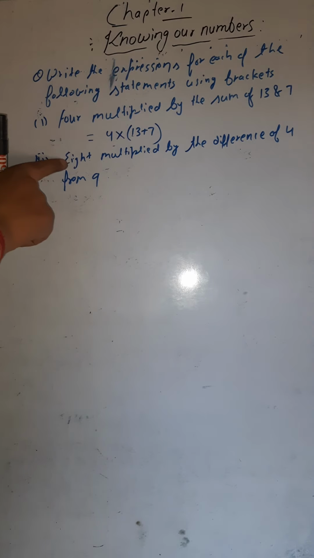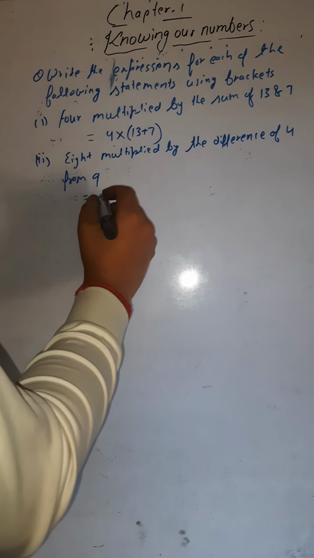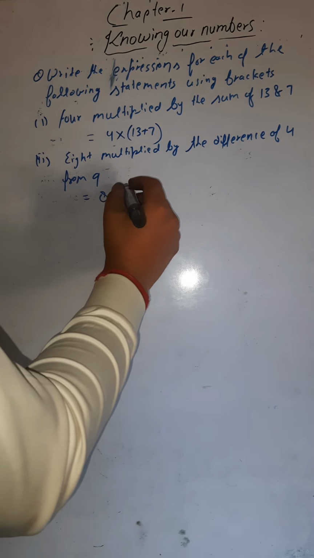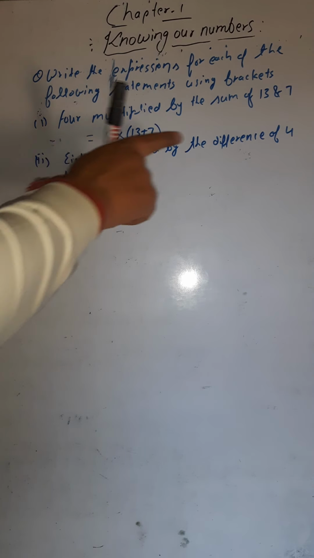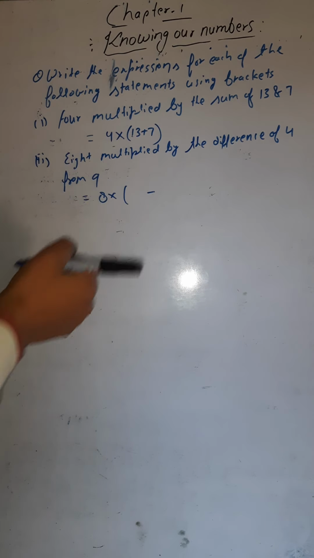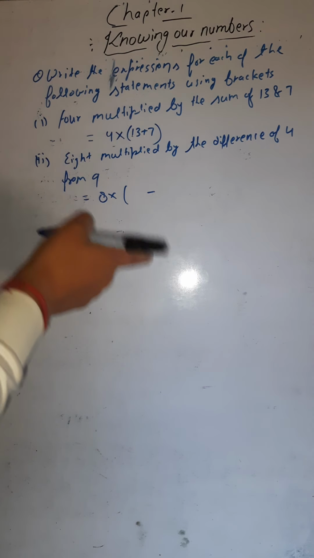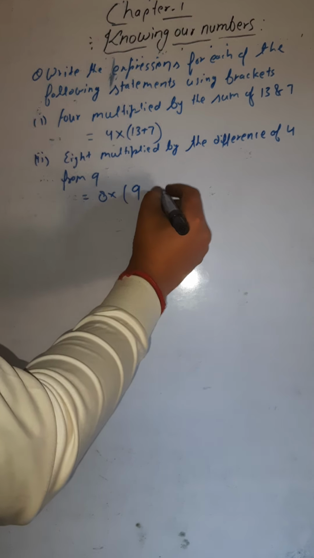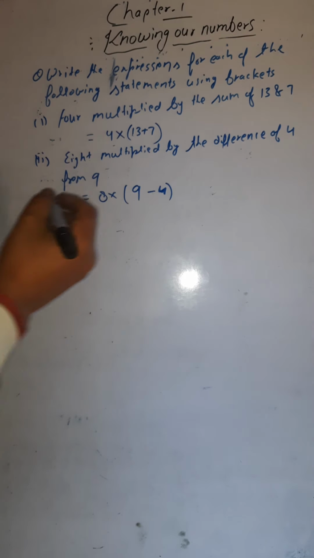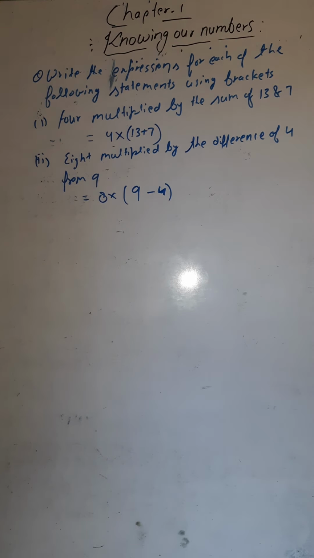So here also, the expression would be 8 multiplied by, then a bracket. The difference means subtraction of 4 from 9, so you have to subtract 4 from 9. So 9 you would write first, then later you would write 4. So this is the expression for it. Only this is the answer.